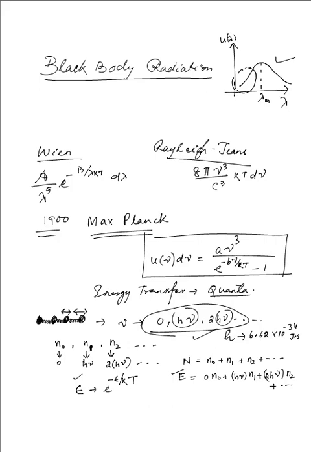So we have the value of n1 in this case to be equal to some constant C multiplied with e to the power minus h nu divided by kT, and similarly for n2, we'll have the value C e to the power minus 2h nu divided by kT. Remember, h nu and 2h nu are the values of the energy corresponding to those numbers of oscillators.